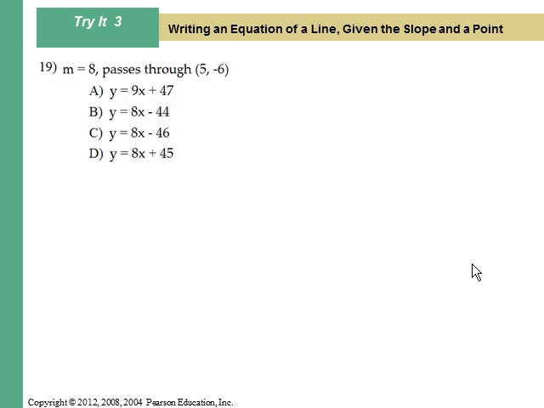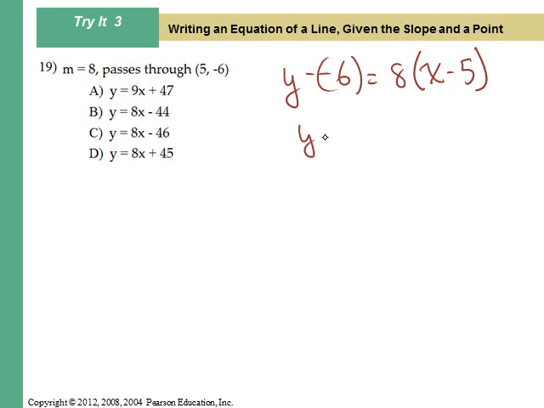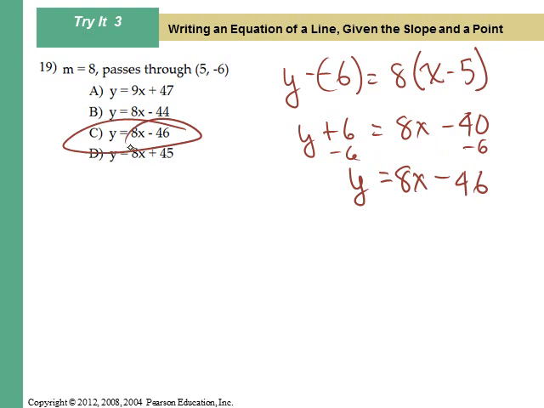Okay? Y minus negative 6 equals 8 parentheses x minus 5. Y plus 6 equals 8x minus 40. Y equals 8x minus, subtract 6 from each side, 46. Okay.